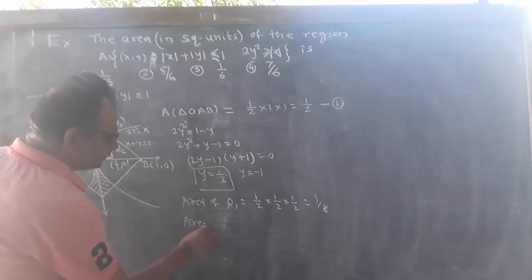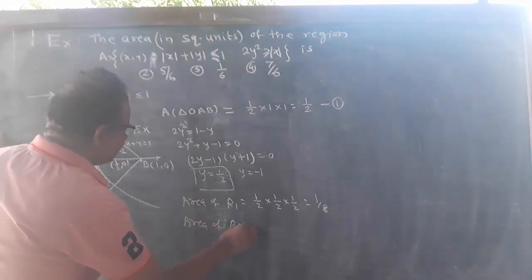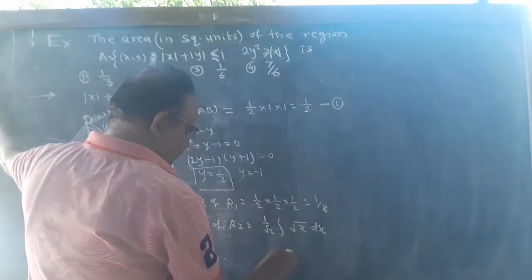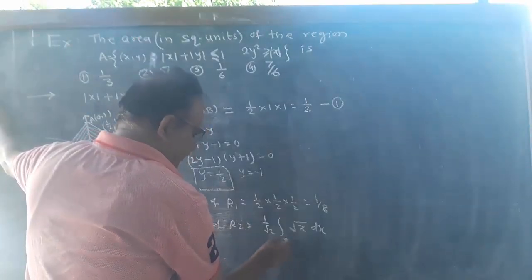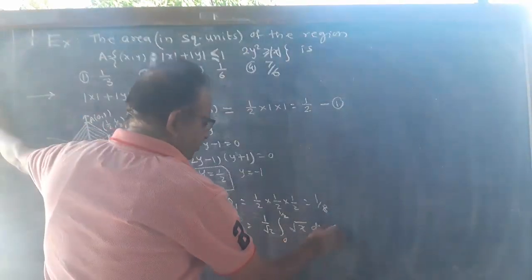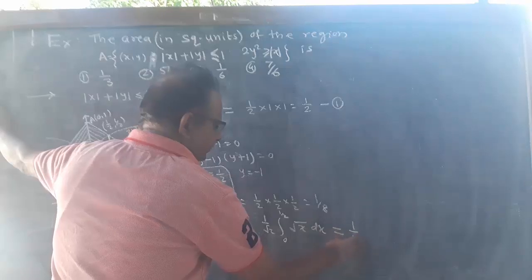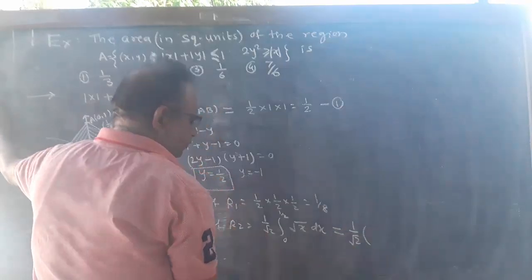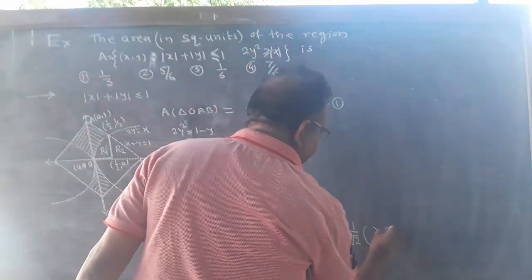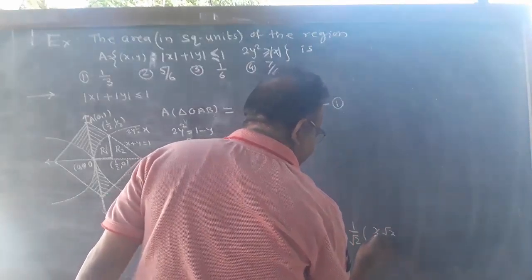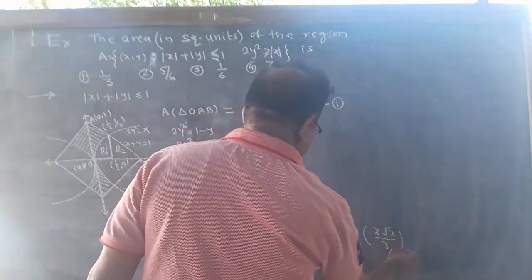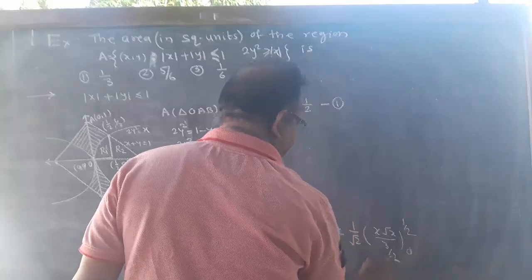Area of R2 equal to 1 by root 2 integration of root x dx from 0 to 1 by 2. X means from 0 to 1 by 2. And if you evaluate this integral, you will get 1 by root 2 into x raised to 3 by 2, that is x into root x, divided by 3 by 2, within the limit 0 to 1 by 2.